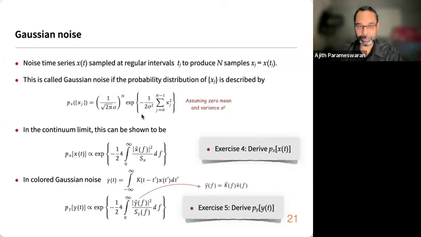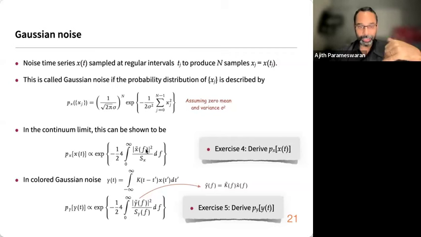But then you can take that multiplication to the inside, where it is exponential, and that becomes a sum. So this is basically the probability distribution for observing a sequence of random variables x_j. And this is in the discrete limit, and assuming that the noise is white.